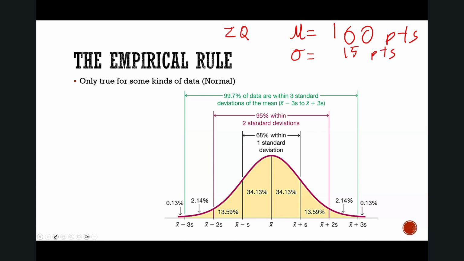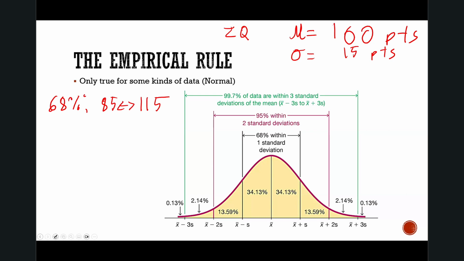So that means the middle 68% of people would have an IQ between 85 and 115. Do you see how I got the 85 and the 115?